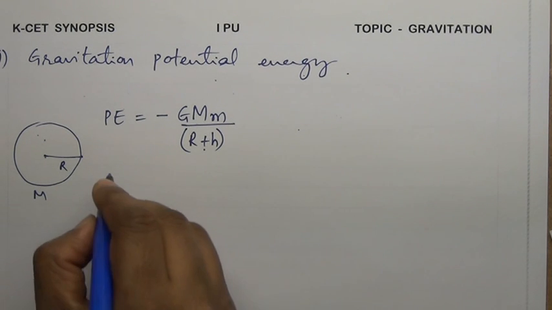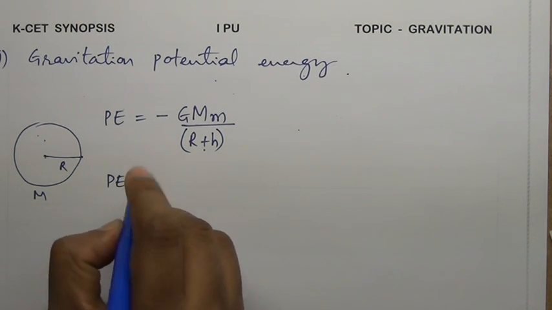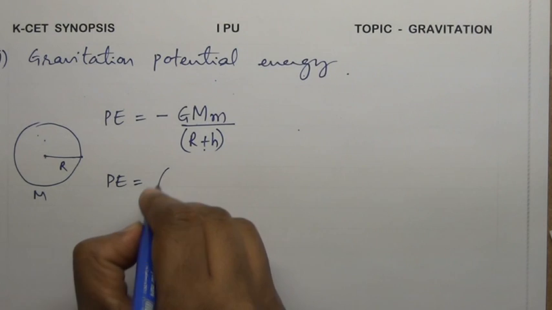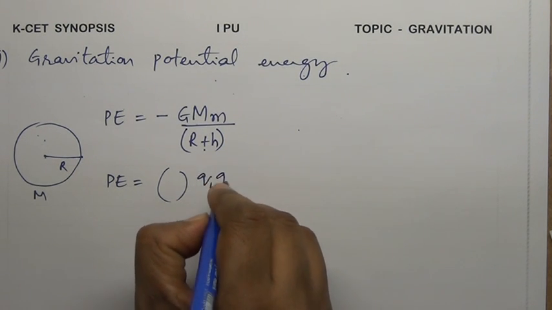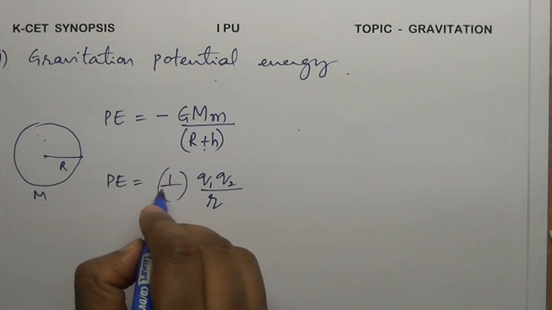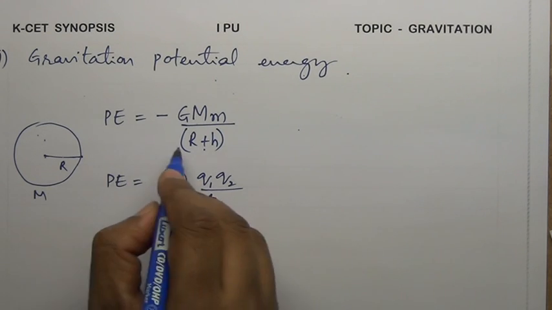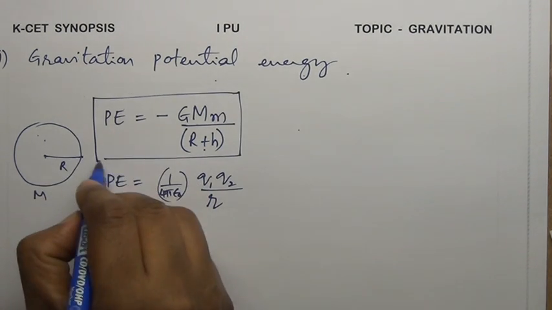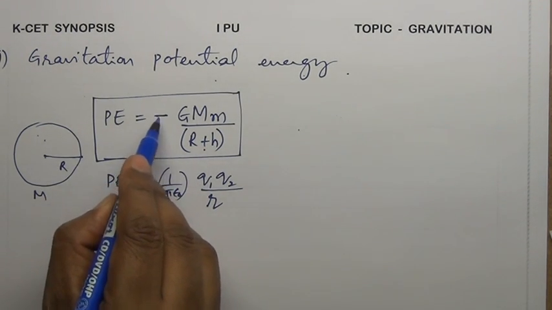Compare this with electrostatics. Potential energy of a system of two charges is constant q1 q2 by r. There is no square, q1 q2 by r. It is 1 by 4 pi epsilon naught. Whereas in gravitation, it is attractive potential, that is why negative sign is used.